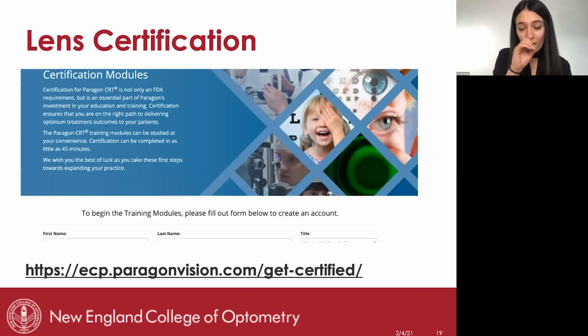All right, so before we begin to fit the lens on our patient, it's important to know that there is a certification program for every practitioner that is intending on fitting these lenses. And so here's the information on the Paragon CRT lens. If this is available in your country, it's an excellent and honestly fairly easy training to complete.